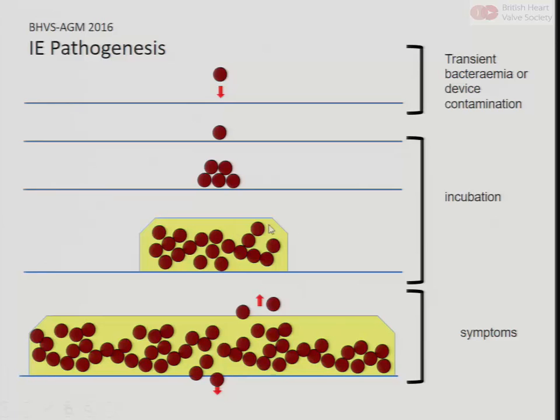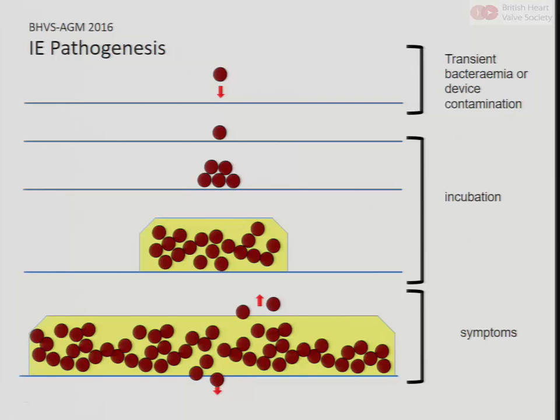So that's why I've called this the incubation period. All this is going on and the patient often has no idea that this is happening. At some point, bacteria start being released from the biofilm. That's what causes the inflammatory response. That's what causes the secondary foci of infection. Sometimes much bigger lumps of biofilm, including fibrin and other junk, break off and go down big vessels, which may be the presentation.